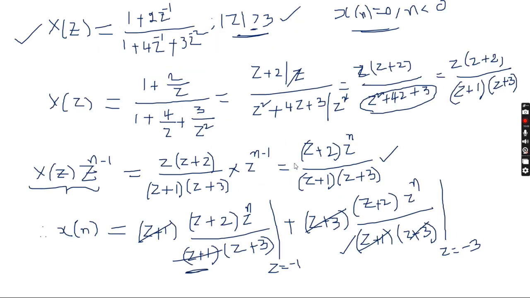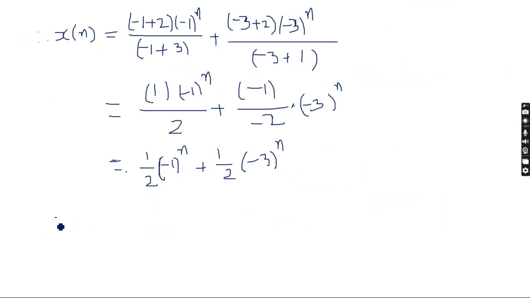Now I have to multiply by u of n, because x of n is a causal signal based upon the ROC, which is greater than 3. To represent any signal as causal, just multiply with u of n, because u of n is available only for positive values. So if you multiply any signal with u of n, the product becomes causal.